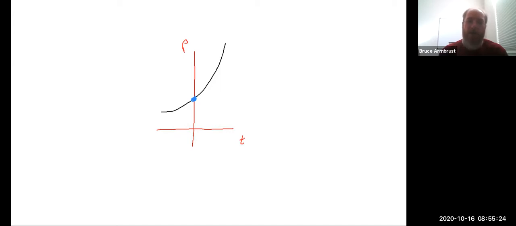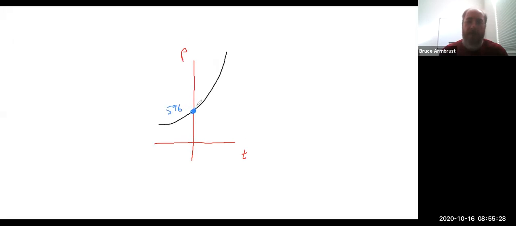We also know the rate of change, which means we know the slope of the tangent line. So if I look at this tangent line, I know that this thing has a slope of 69.